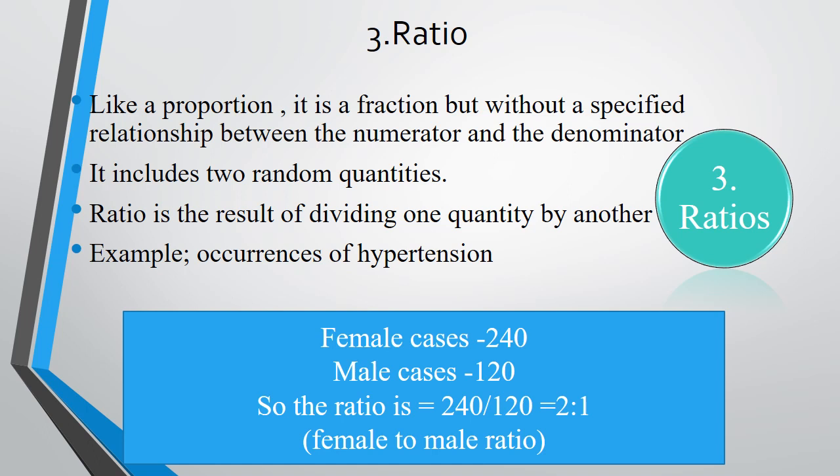Females affected by hypertension may be 240 cases, and males affected 120 cases. So the ratio is female cases divided by male cases: 240 divided by 120 equals 2:1. So the female to male ratio is 2:1, females more than males. So this is about the ratio.